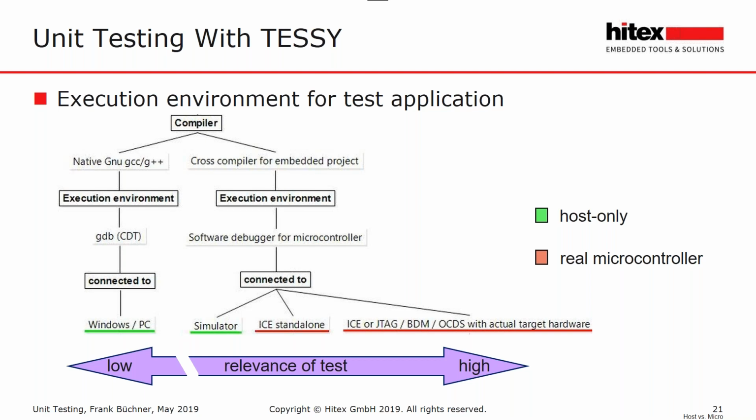So the test relevance is rather low if you use GCC, and it is rather high if you use the actual cross compiler and you execute the tests on an actual microcontroller. So you can really rely that the test result, which is given during unit testing, is also later in the project the same result.